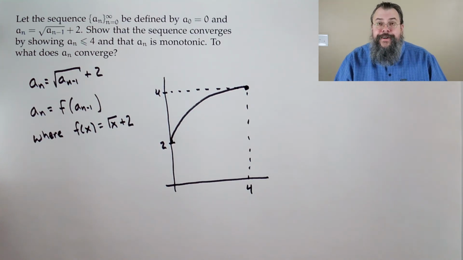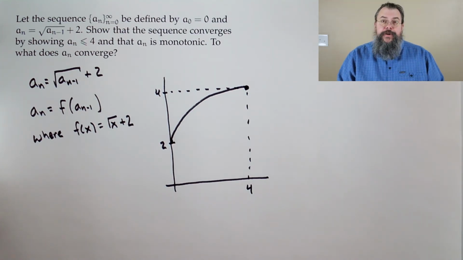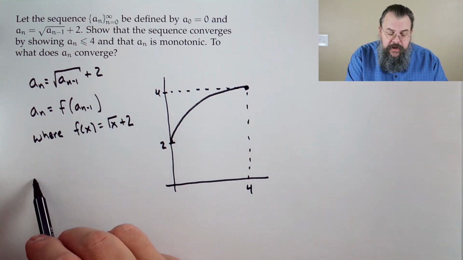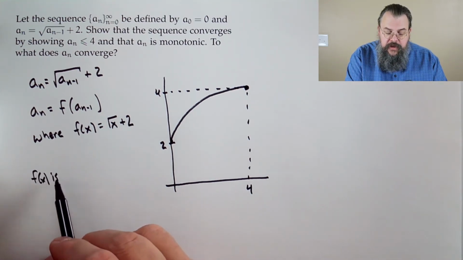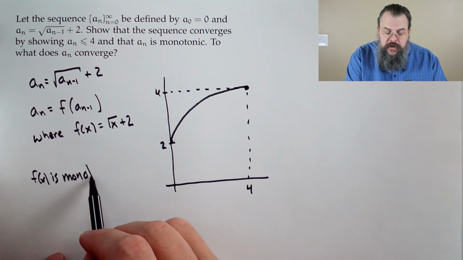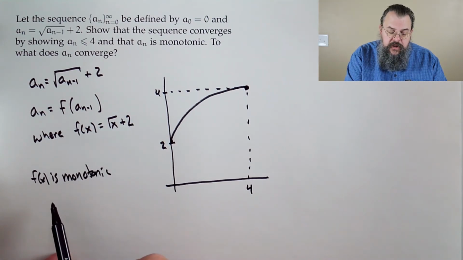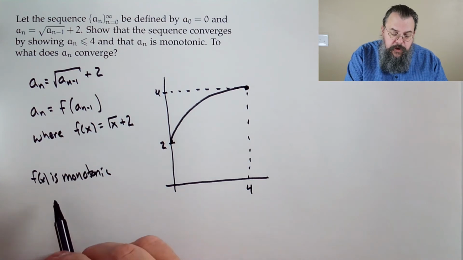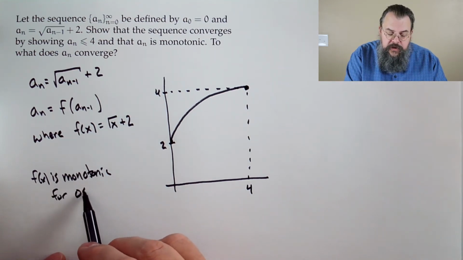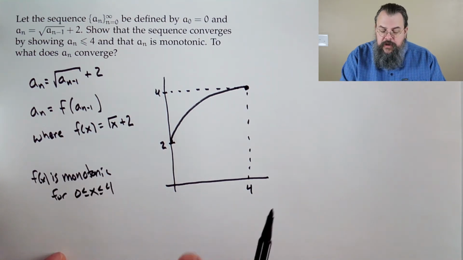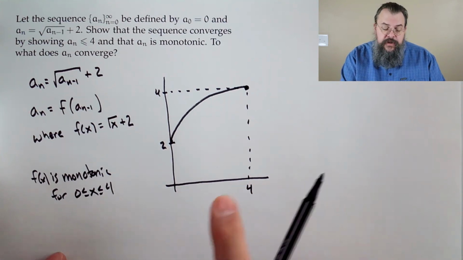Now, how do we argue that it is monotonic? Well, here's the key. Look at our function f. f of x is monotonic, which means that, for 0 less than or equal to x less than or equal to 4, we're going up.